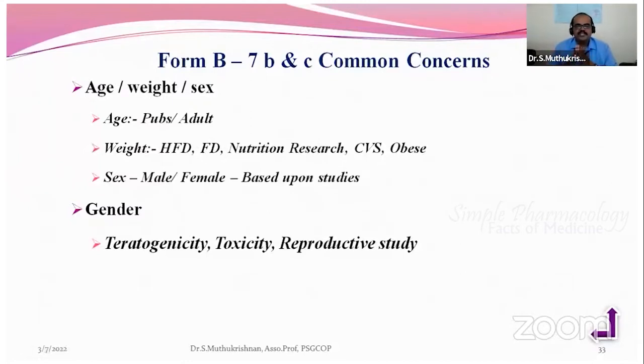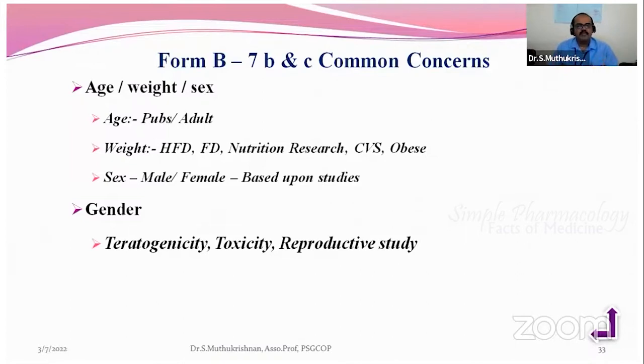The next columns are decided based upon what you are going to do in the protocol. Age is an important factor. For nutrition types of research, you have to choose pups, because you give the nutrients for the growth of the animals, so you can easily see it. At the same time, for something like diabetes, you have to take adult animals.